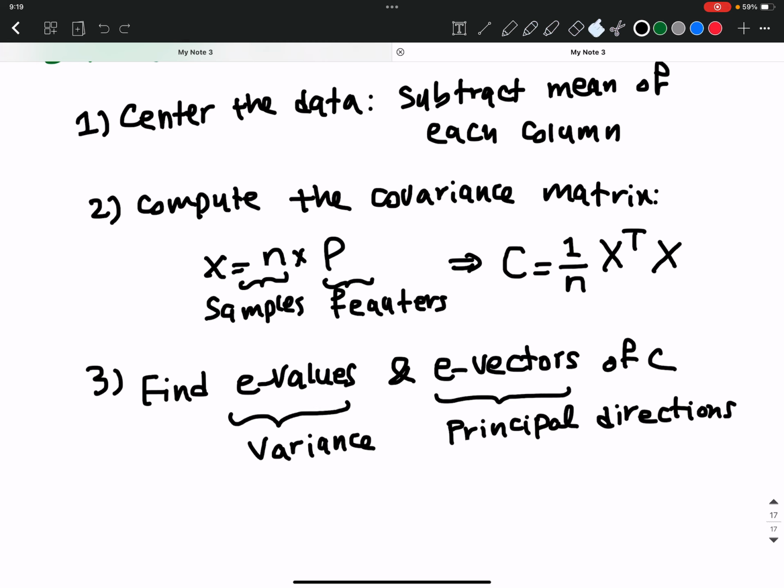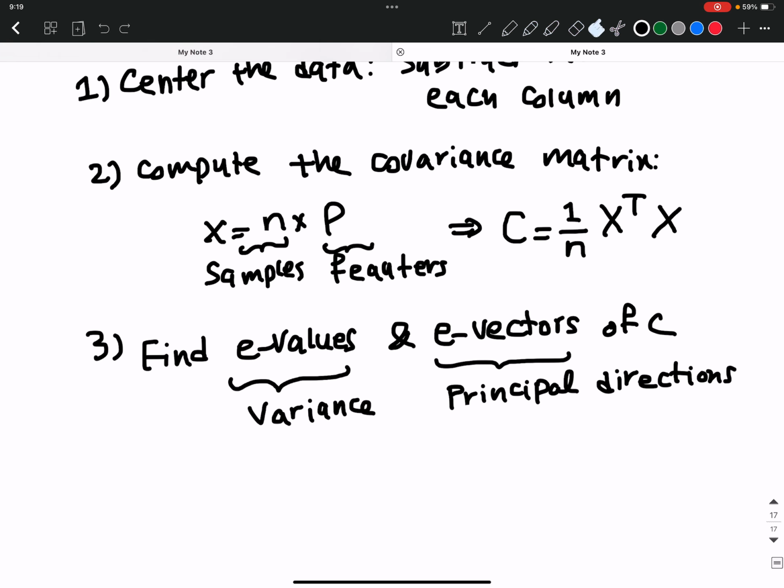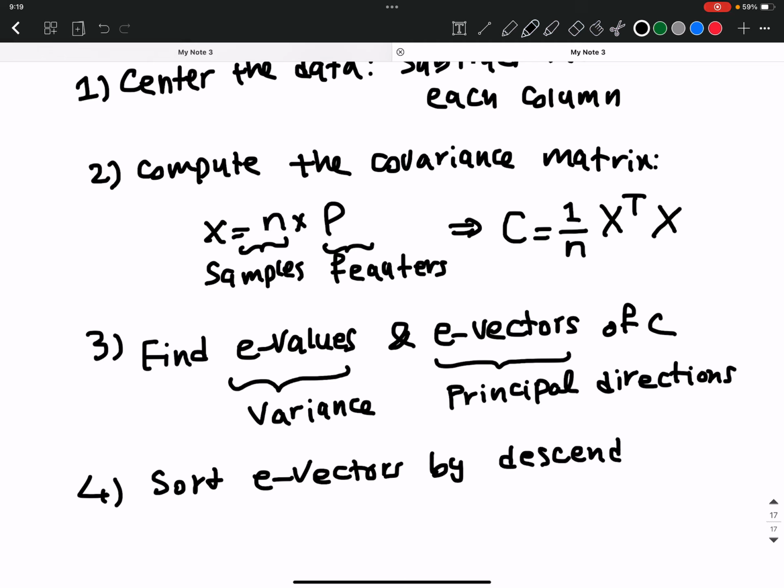Okay. So now, what's the next step? In the next step, once you find these, you just sort the eigenvectors by descending e-values.